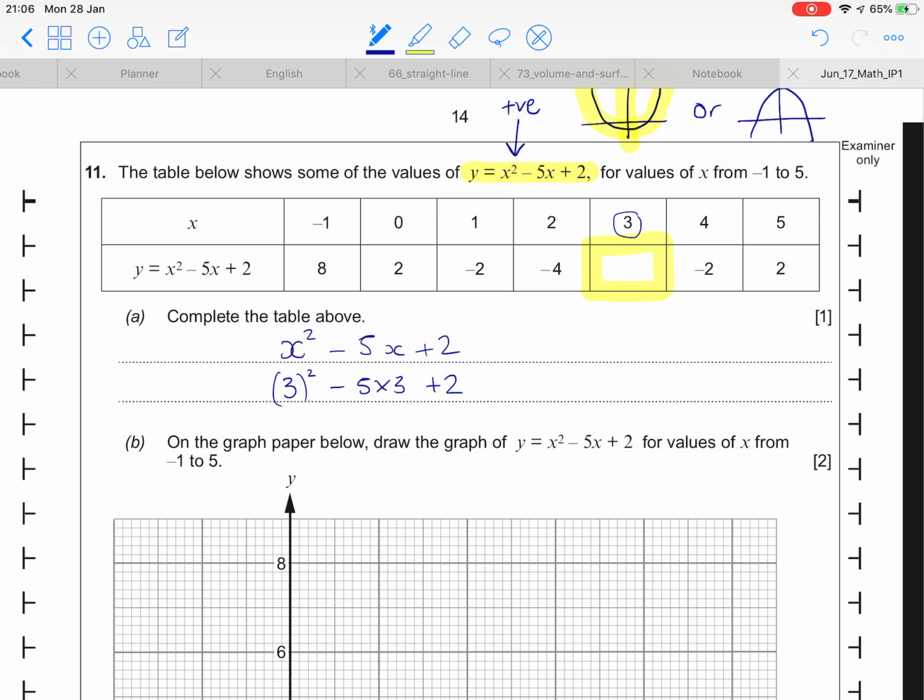So knowing your squared numbers, 3 squared is going to be worth 9. Subtract 5 3s, that's 15, plus 2. 9 take away 15 is minus 6. Minus 6 plus 2 is minus 4. So the value in that table is going to be a minus 4.